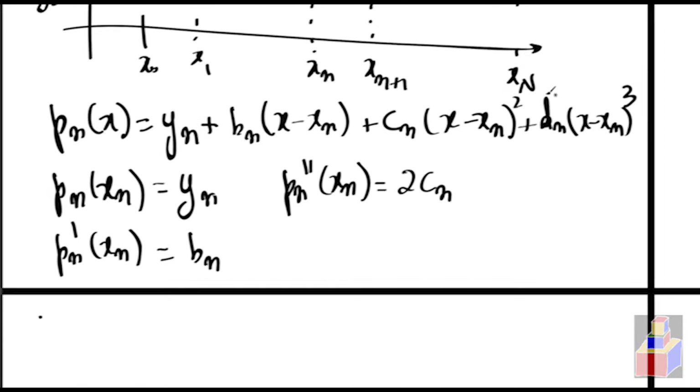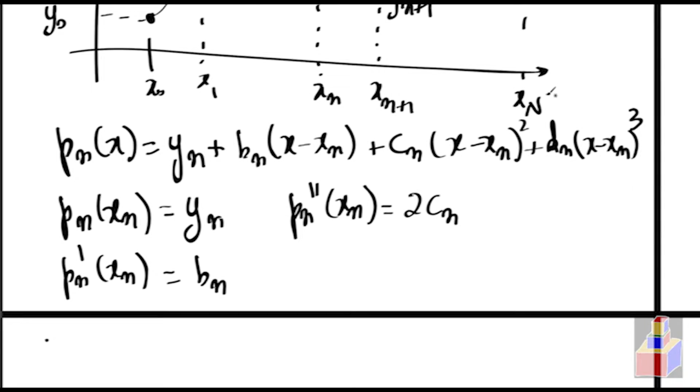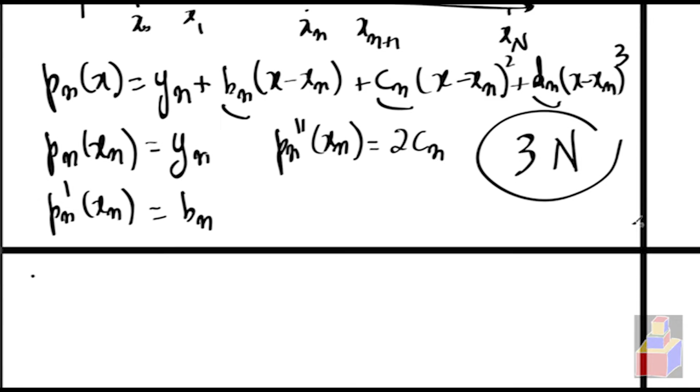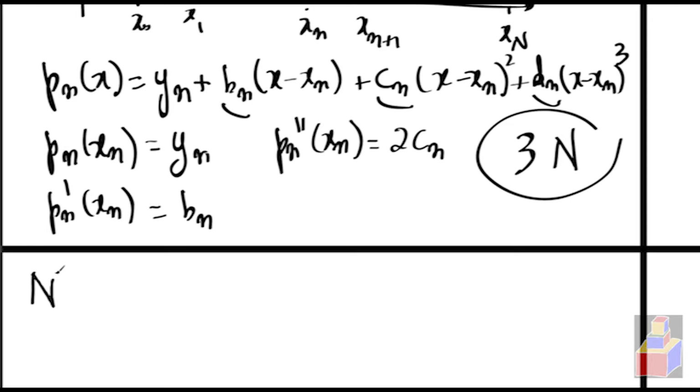Notice that we have 3 times n unknowns to be determined. So n equations we can obtain by imposing that Pn at xn plus 1 equals yn plus 1.